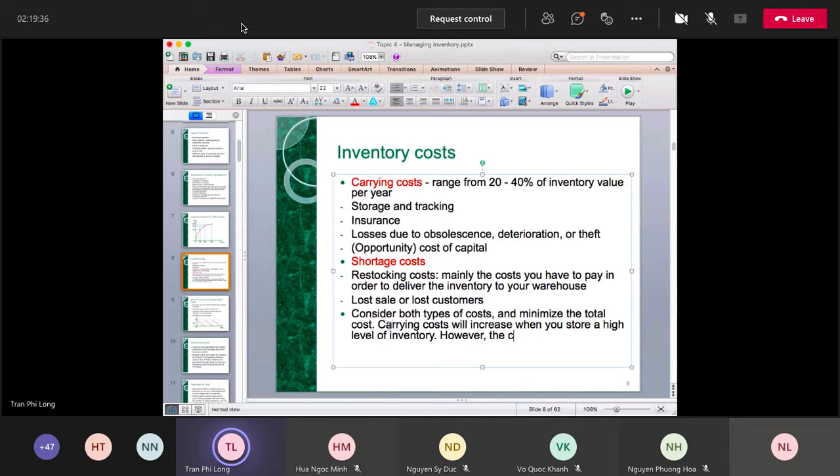However, shortage cost will reduce when you hold a high level of inventory. And the opposite is true. If you hold a low level of inventory, the carrying cost will reduce. However, the shortage cost will increase. So basically, you will have to find a level of inventory holding so that the total cost will be minimized.